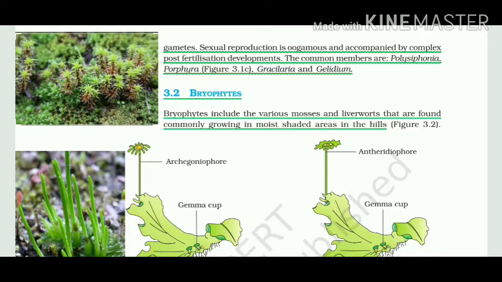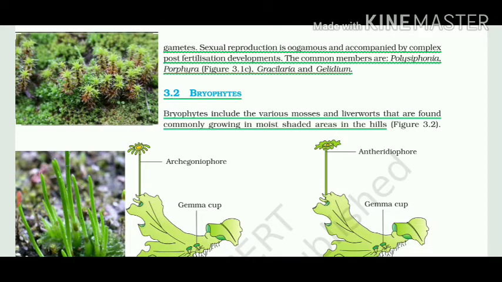If you see in the top left corner, bryophytes look like a simple thallus structure. As in algae, similarly, bryophytes do not have true roots, stems, and leaves. So the plant body is known as thallus.